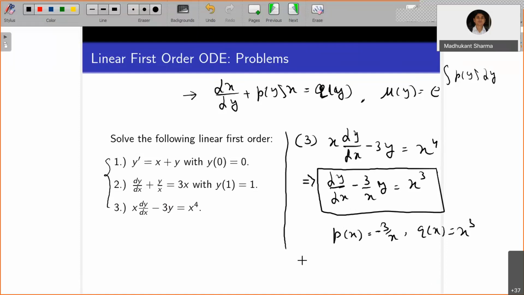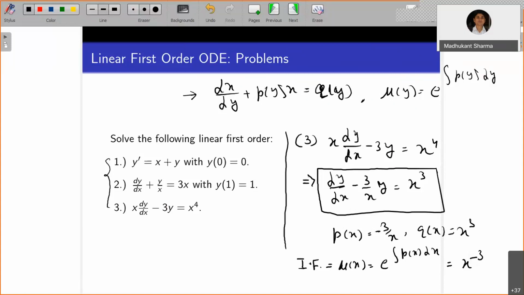Now you can write the integrating factor, mu of x, which is e to the power integration of p of x dx, and that is going to be x to the power minus 3. So x to the power minus 3 is going to be the integrating factor. Now I can find the solution.